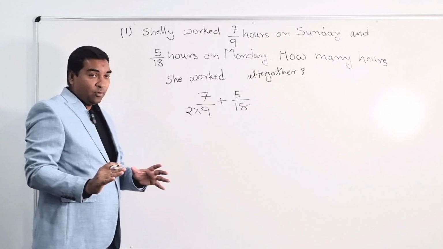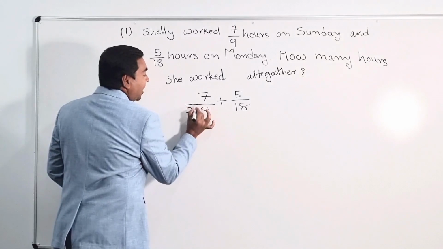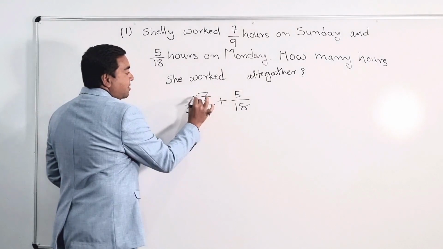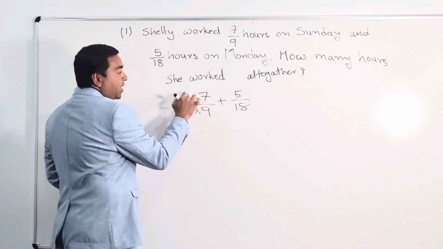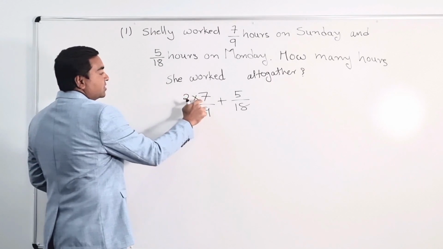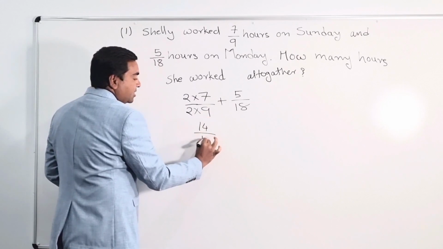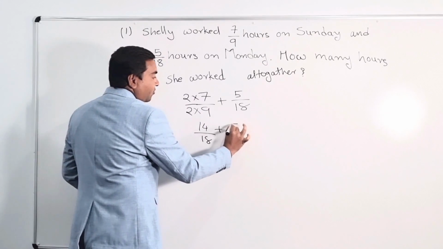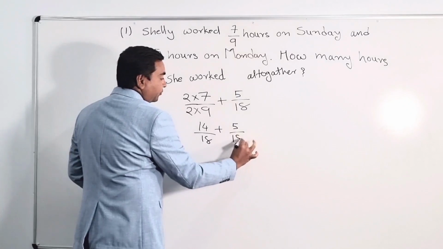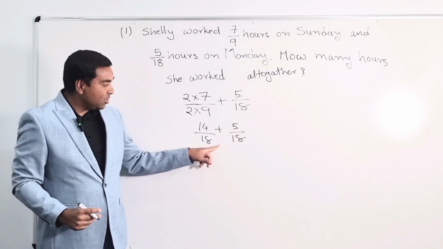But you've got to be careful: whatever you are multiplying the denominator by, the same number you have to multiply the numerator by as well, to balance this. So now that is going to be 7 2s are 14 over 9 2s are 18, plus 5 over 18. Now as you can see, I do have the same denominator.